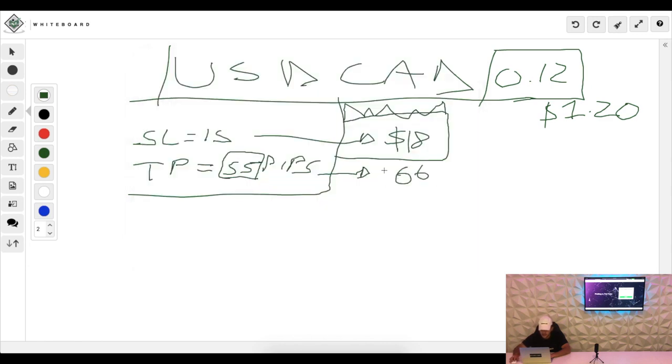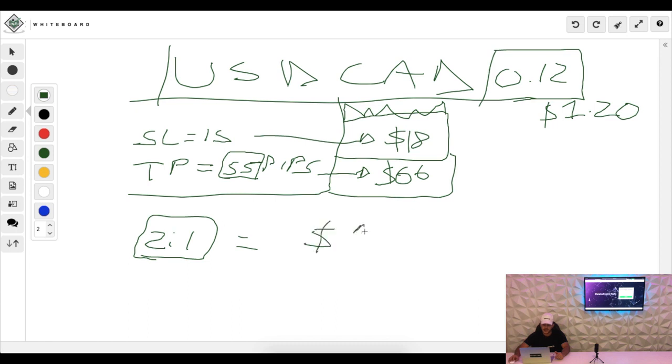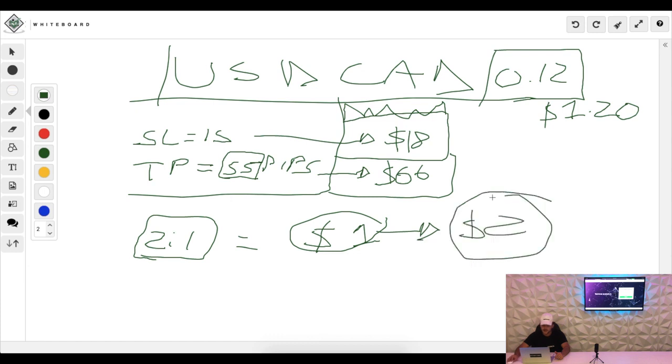All right. Inside the Ether Forex community, we only trade with a risk reward minimum of 2-to-1, meaning that for each dollar that we are willing to lose, we're going to make 2. In this example, it's more.